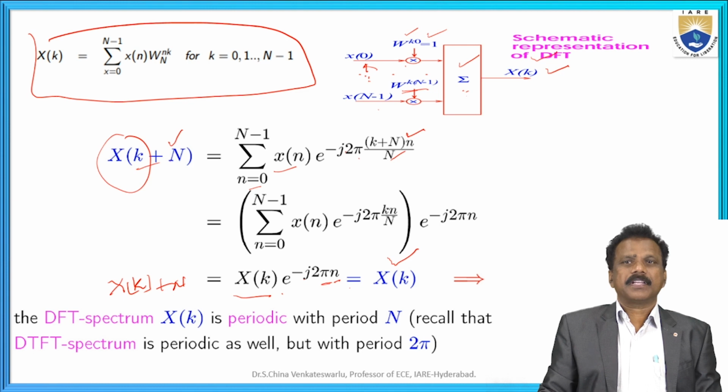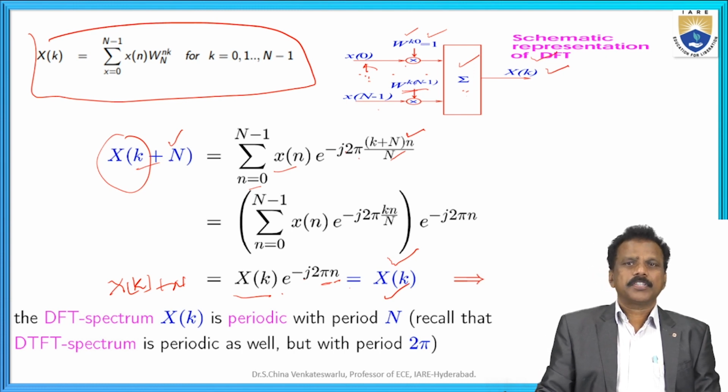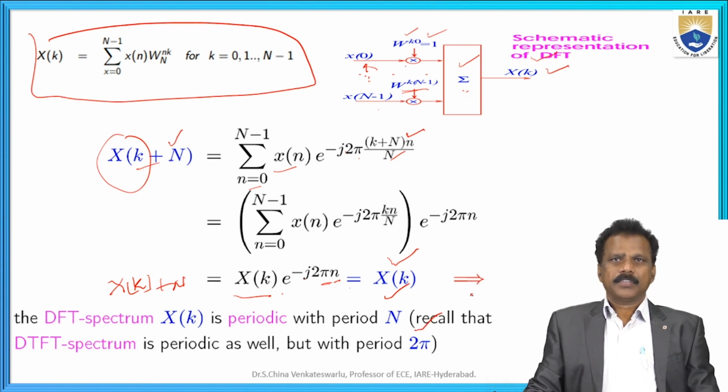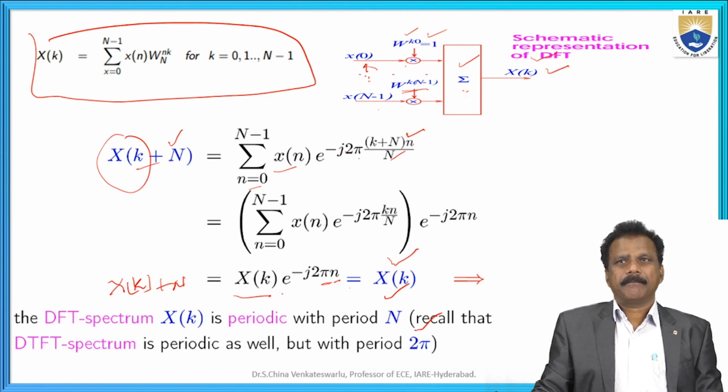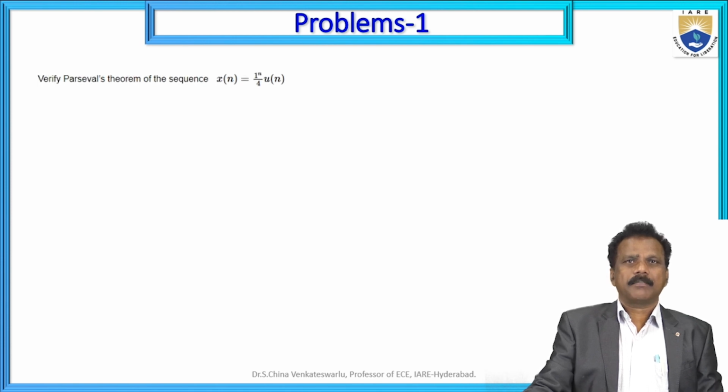X of k is periodic with period N. Recall that the discrete time Fourier transform spectrum is periodic as well, but with the period of 2 pi. This you can analyze with x of k plus N. So we will see that formula in some example problems.